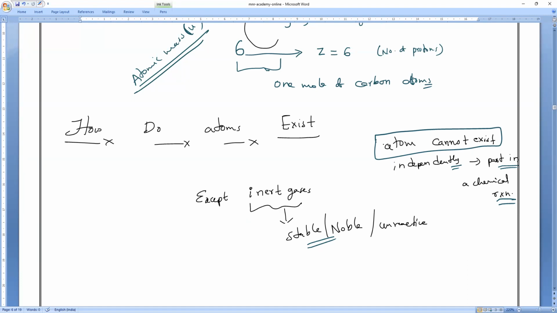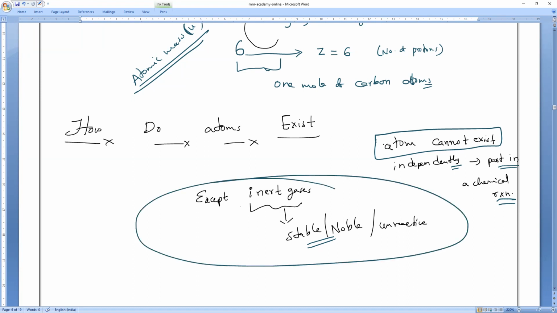Are you clear what I'm saying? Except inert gases, every atom of an element cannot exist independently. The gases which exist independently, we call monoatomic elements. Note it, everyone.